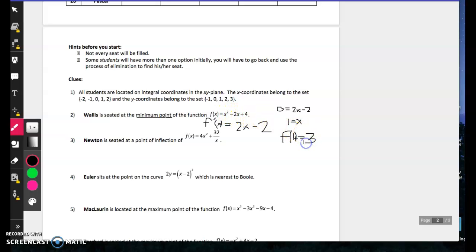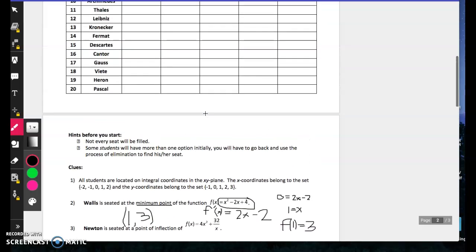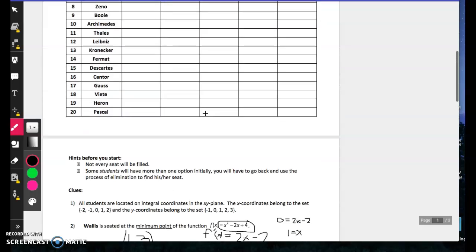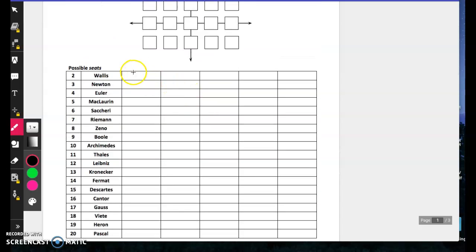So basically that tells me it's the point 1, comma 3. You also could have found this by using your graphing calculator and graphing that equation and seeing where the min is. So what do I know? I know Wallace is 1, 3.